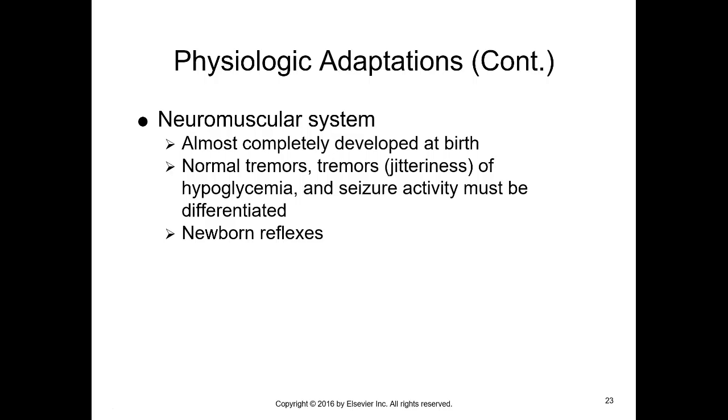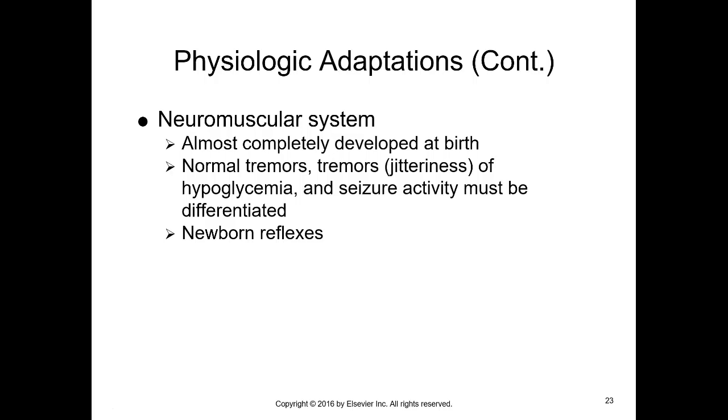Like if you elicit the Moro reflex by noise, and they're jittering, if you notice they've got mild tremors, if you take and hold their hand or hold their leg, so in my notes you'll see when it says gently restrain the body part, if it's tremors or jitteriness from hypoglycemia, that will stop. However, if it's a seizure, when you gently hold it and try to restrain it, it will continue. So that's one way you can tell if the baby is jittery or having a seizure.